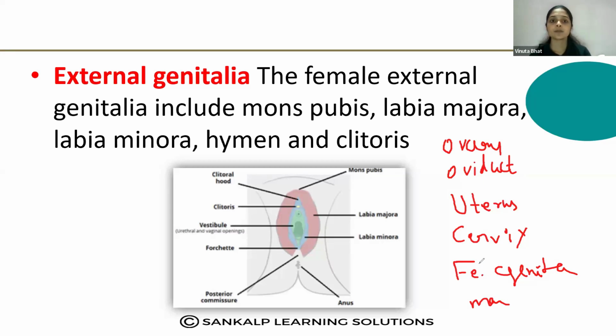Which help in child care and the fertilization and some other processes.